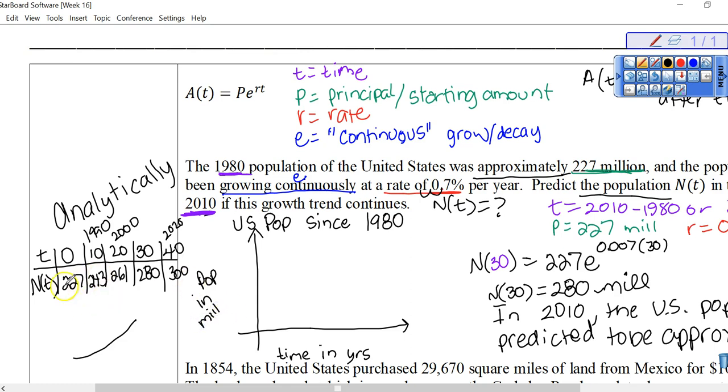Unless you want to change all of this to millions and graph up in the y in the millions, which would be a major pain, I think. Don't you? Okay, so we're going in increments of 10 on our x-axis, so we'll go 10, 20, 30, 40, maybe go all the way out to 50. I don't know. We didn't go out that far, so that's okay.